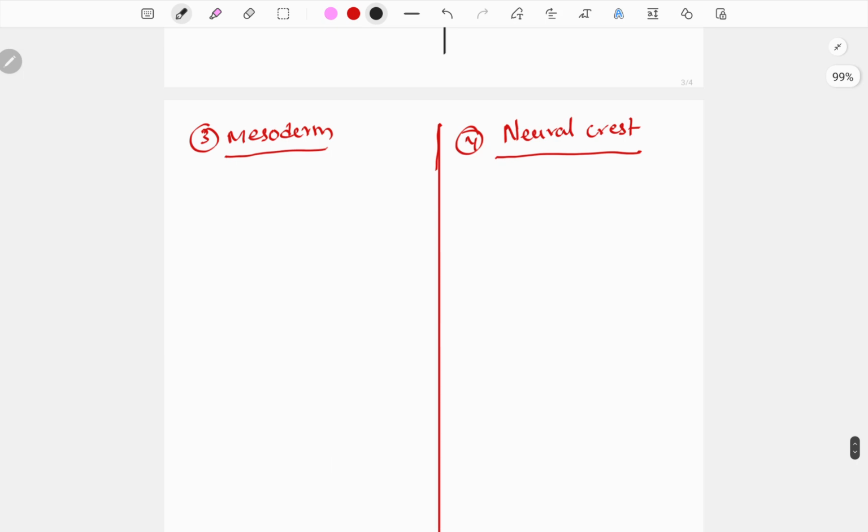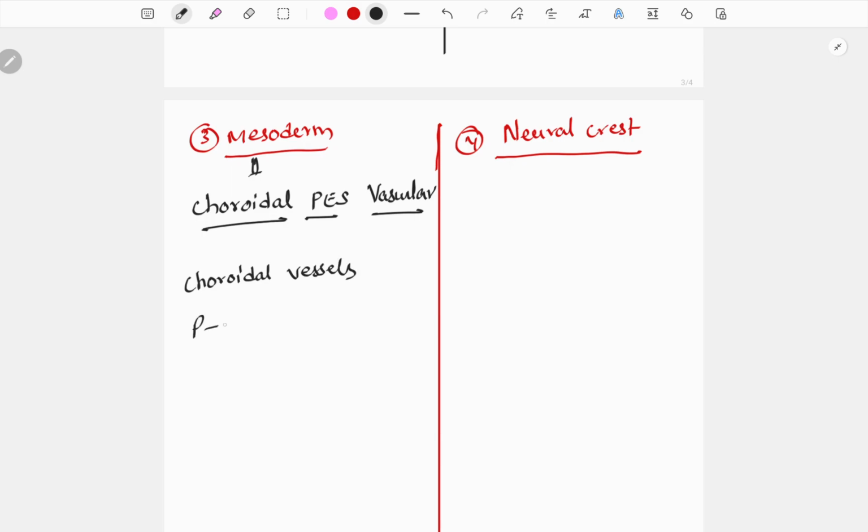Now remember, what are the structures derived from the mesoderm? Here we need to remember one sentence called Choroidal PES Vascular. The whole mesoderm is sorted out. What is choroidal? Choroidal vessels. P is primary vitreous; we already discussed that primary vitreous is from mesoderm, whereas secondary and tertiary vitreous is from neural ectoderm.